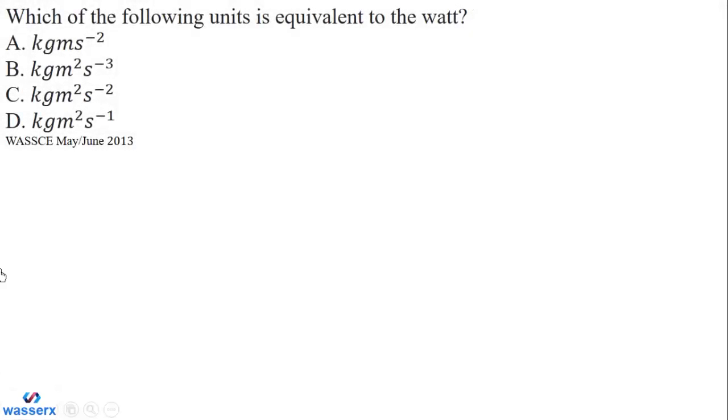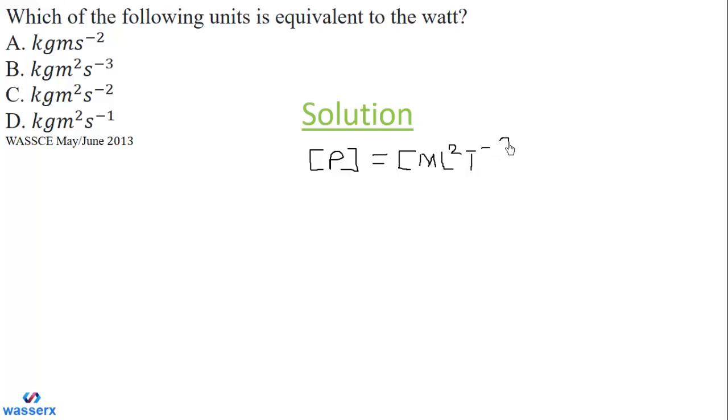Let us now solve some questions. Which of the following units is equivalent to the watt? So we saw earlier that the dimension for power is equal to mass times length squared times time exponent negative 3.